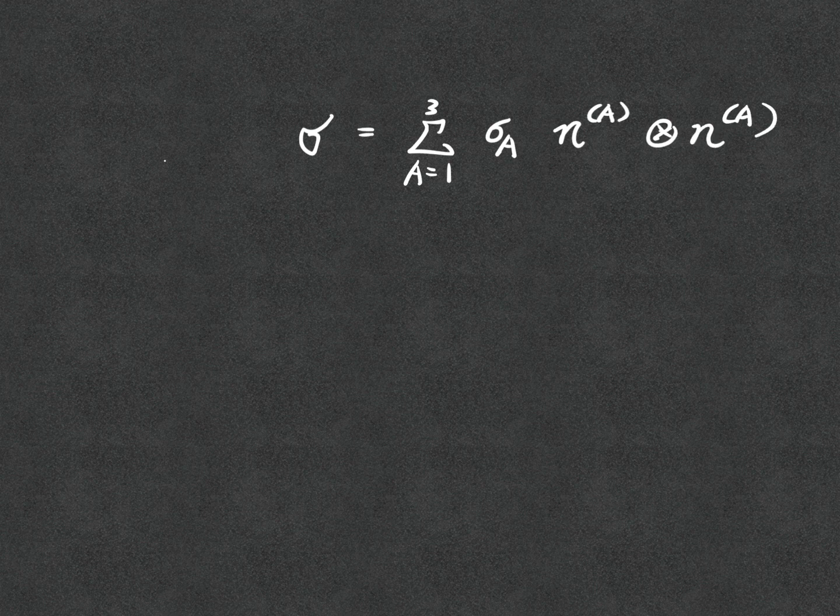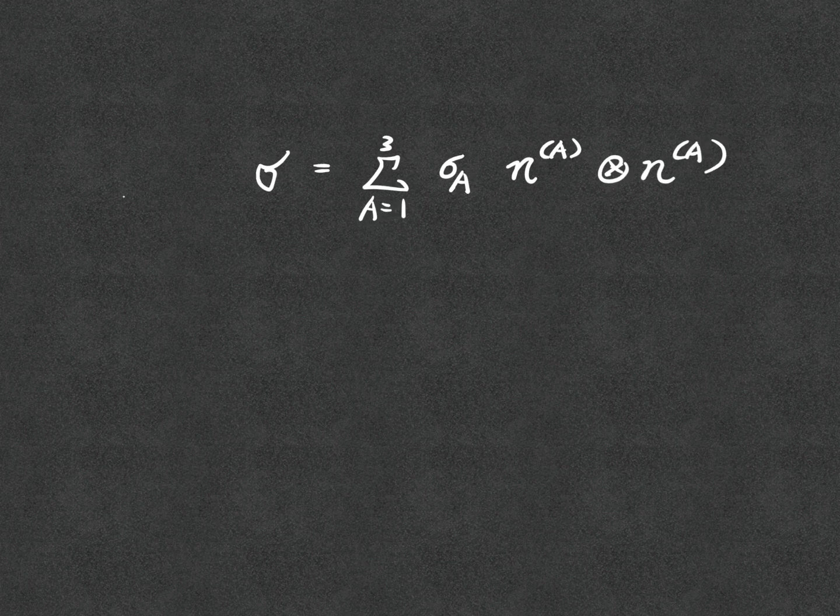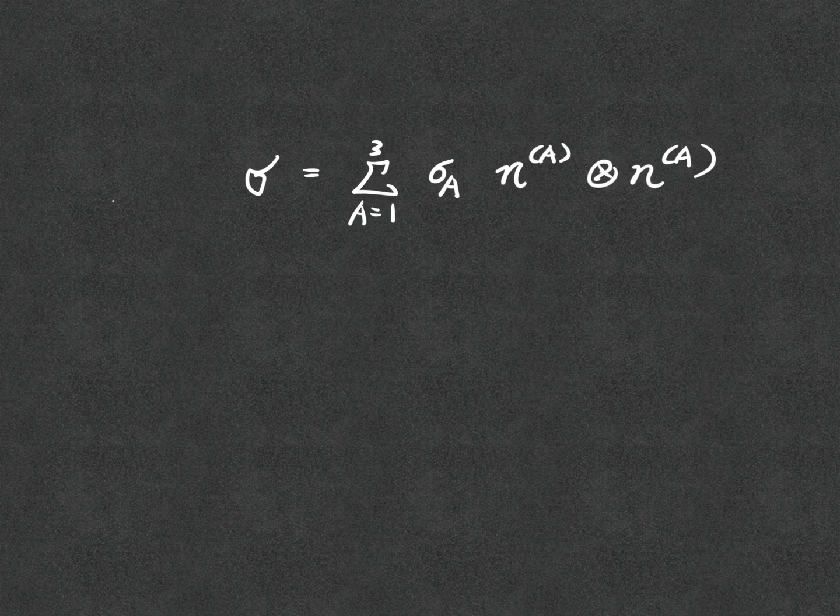Okay, now I actually want to write the rate form. So sigma dot is now equal to the time derivative of this: one term, second term, and three term.